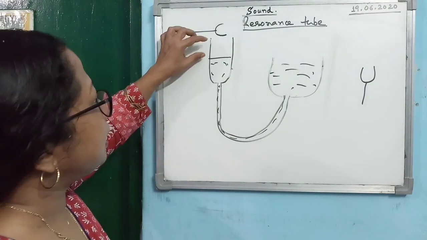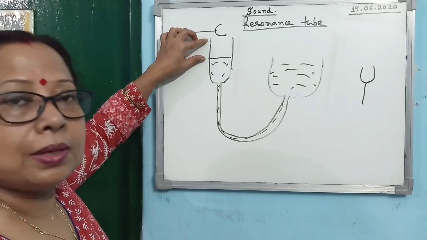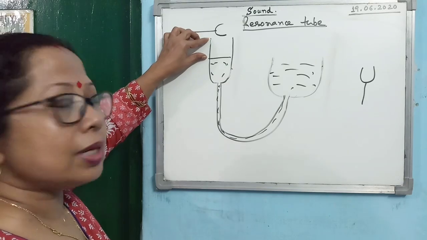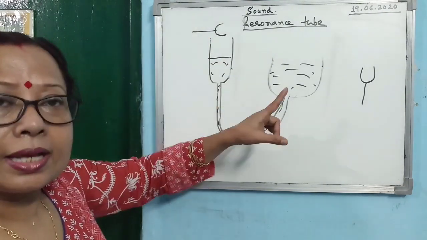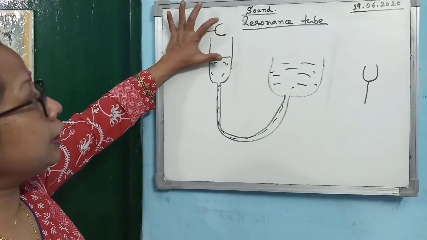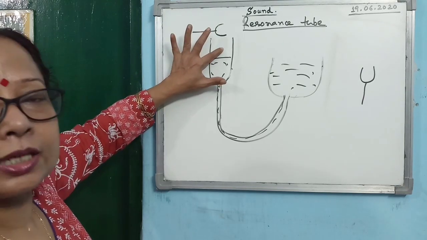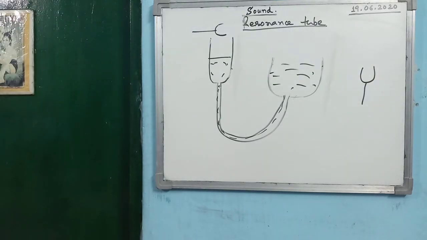For a particular length of the air column, you will observe a louder sound. Alright. Now, why is the louder sound produced? Resonance takes place. Why resonance? The frequency of vibration of the tuning fork becomes equal to the frequency of vibration of the air column. That's why resonance takes place.